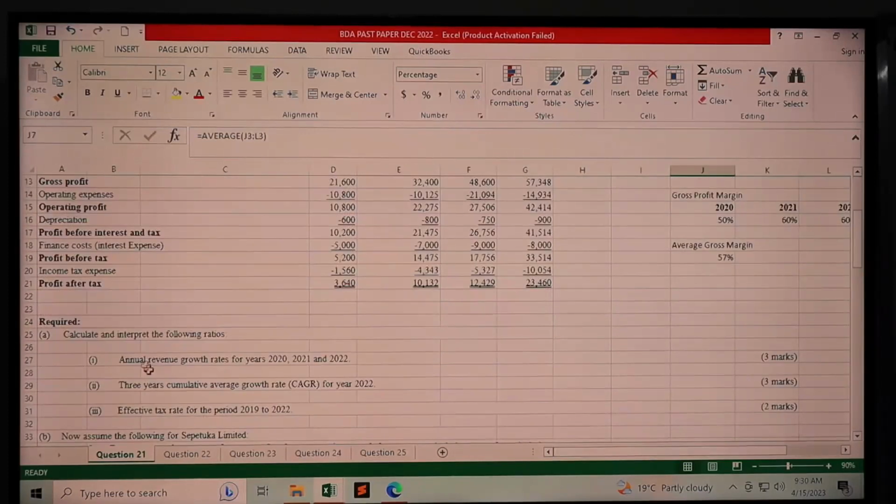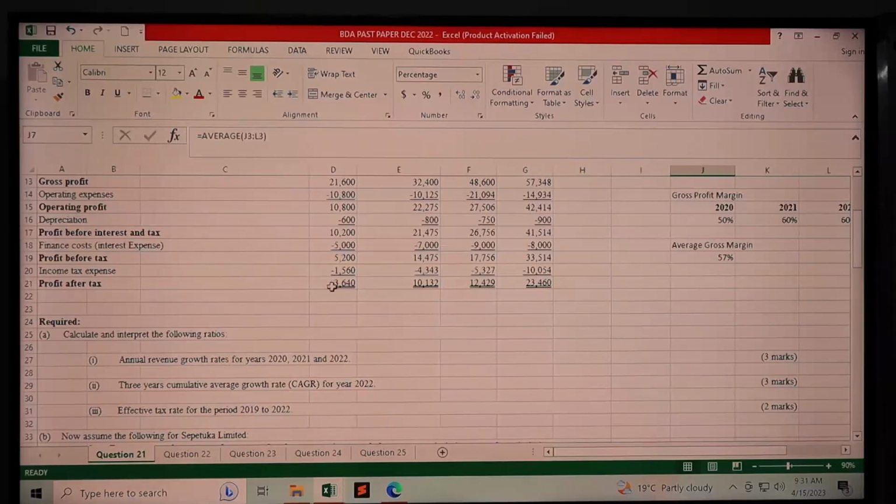Yeah. So then the effective tax rate for the period 2019 to 2022. So here, to get the tax rate, how do you get the tax rate? Here, we have the tax.